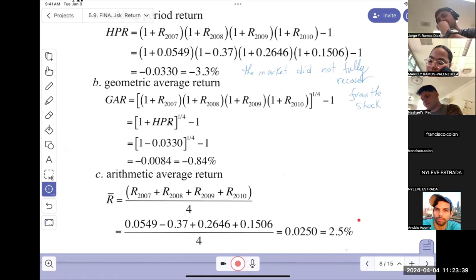You get 2.5%. Which one do you think is a better measure of the average return over the 4-year period? They're different. So you have to pick one or the other because they're significantly different.